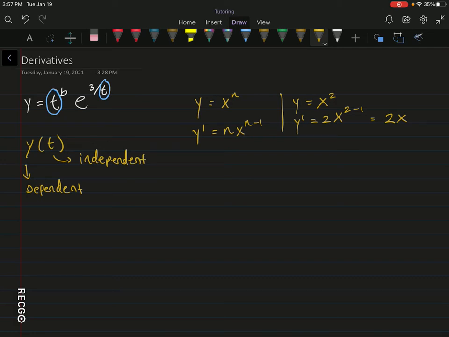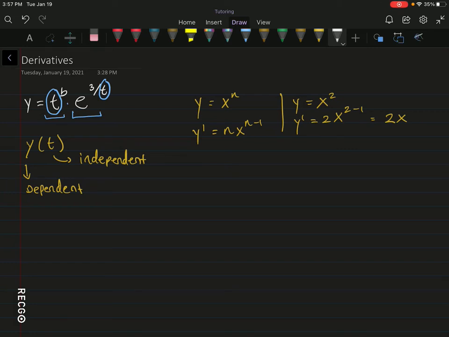So we have 2 independent variables, right? And they're being multiplied by one another. Maybe not directly, but they're being multiplied in the middle. So whenever you take the derivative of 2 independent variables that are being multiplied, we use the product rule.